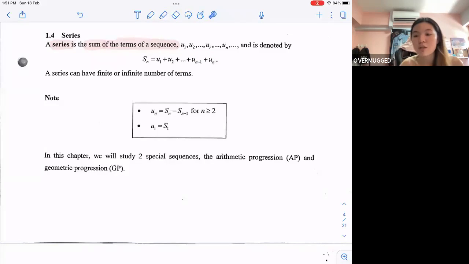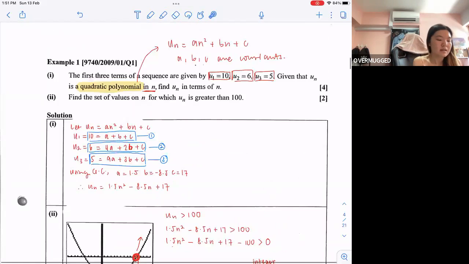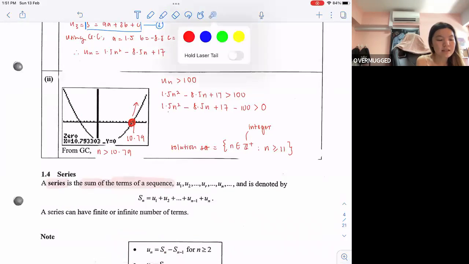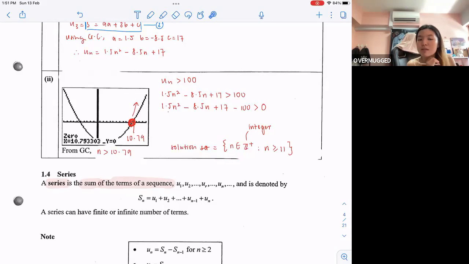Sorry, I just got a question. Why can't it be more than or equal to 10.79? It cannot be equal to 10.79 because my n is an integer. It's a whole number, which is why it cannot be equal to 10.79.